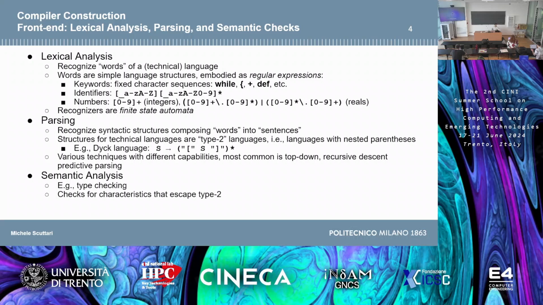This is true also, of course, in equivalent elements in programming languages, but there is one typical element that escapes from this notion, that is type checking. When you have, for instance, in C, variable declarations, they are used after the declaration. That's fine, because otherwise you could not check.